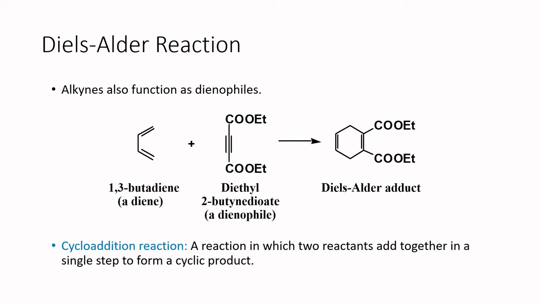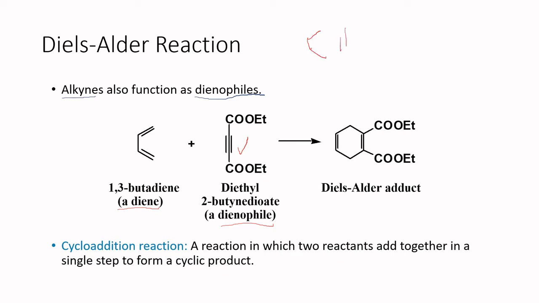In the Diels-Alder reaction, an alkyne can also function as a dienophile. Other than alkene, alkyne can also function as a dienophile. In this case, we react a diene with a dienophile, which is an alkyne. So what we get is a Diels-Alder adduct. We can draw it this way.